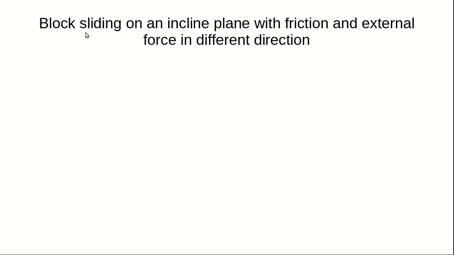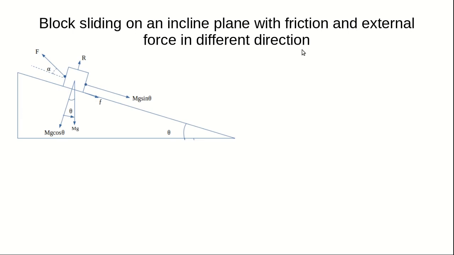Okay, so let's see the next scenario. We have a block sliding on an inclined plane with friction and an external force in a different direction. This is the diagram. From this diagram we can see that our F is in this direction, which makes an angle of alpha, and we have mg sin theta. If we resolve along the x direction, F resolved in this direction will be what?